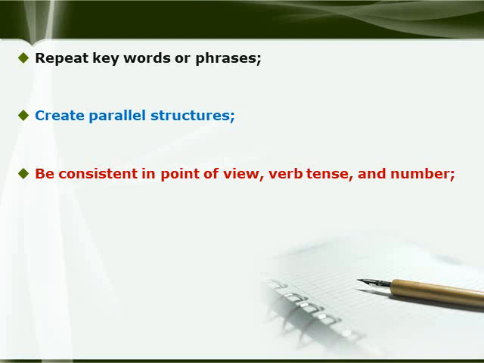And if you have an inconsistency, this would confuse your readers. For example, if you jump from past to present tenses, or shift from more personal to more impersonal pronouns or words.